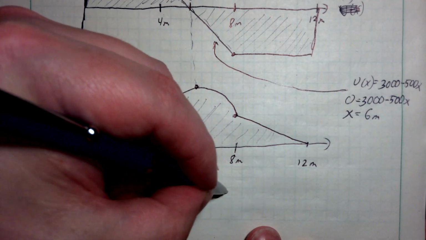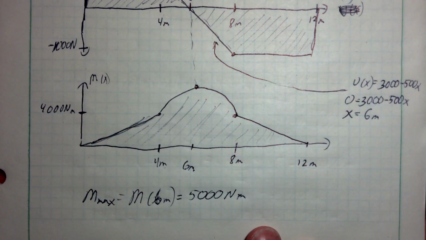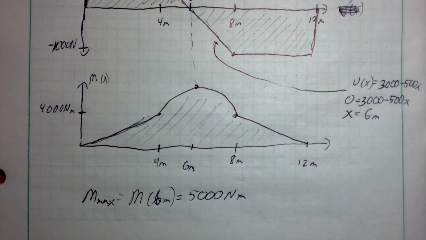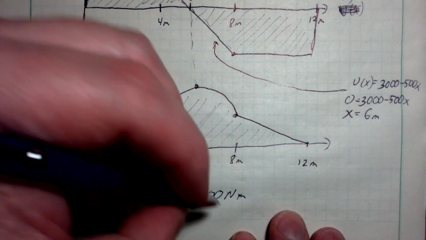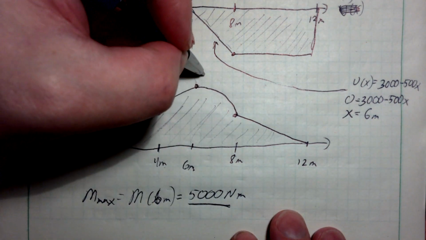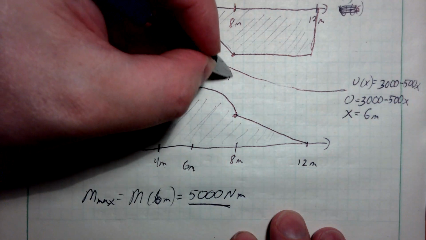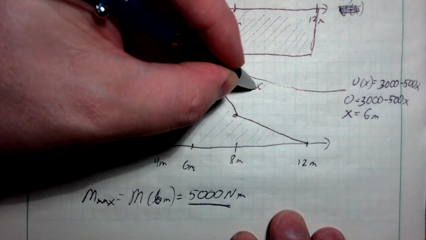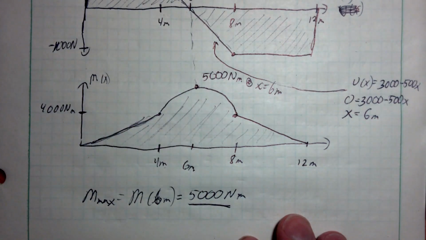We found it to be 5,000 Newton meters. You can run that through your calculator, but we've already done that. So there we are. This is my maximum moment, 5,000 Newton meters at x equals 6 meters.